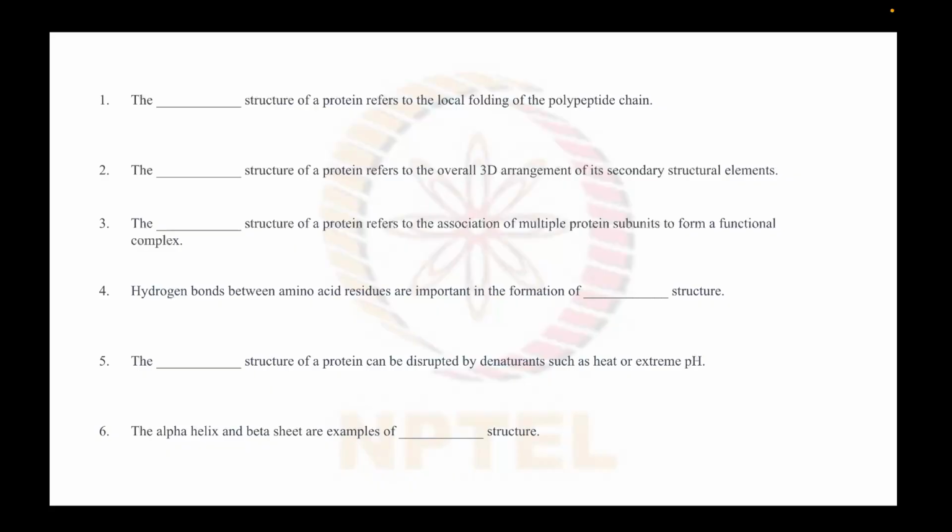So generally hydrogen bonds are formed to stabilize the protein structure, such as alpha helices and beta sheets. So it is secondary structure.